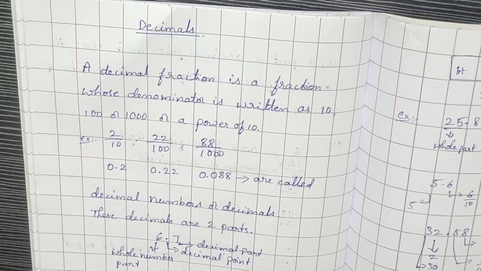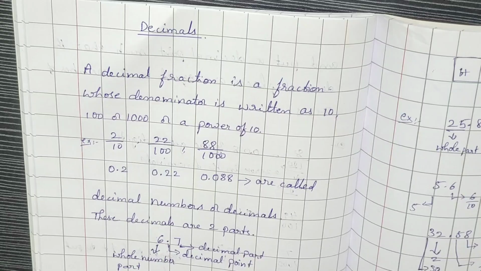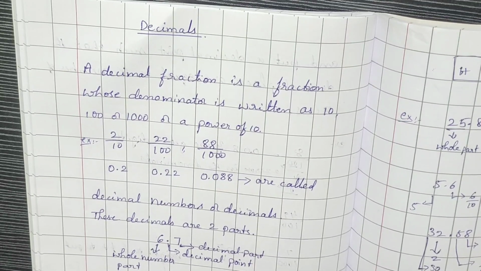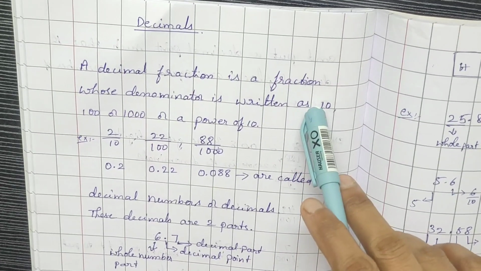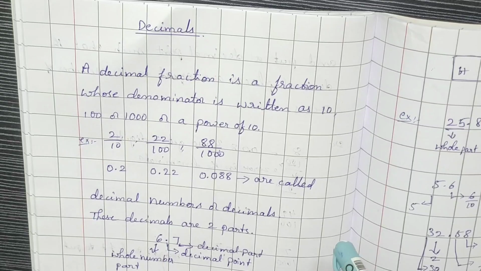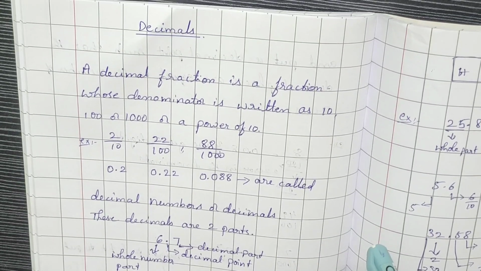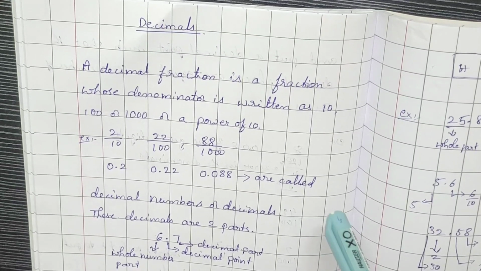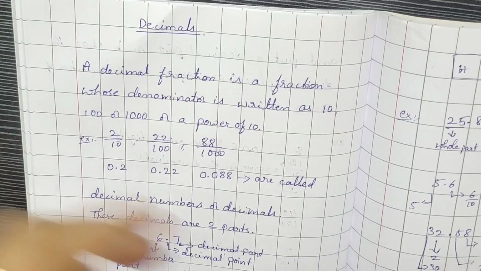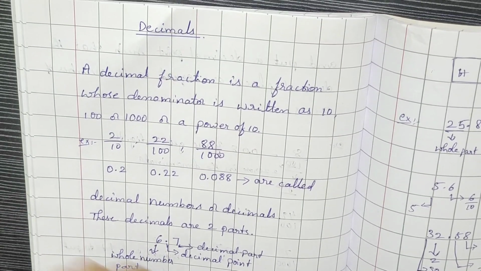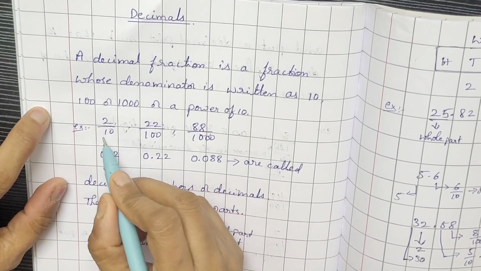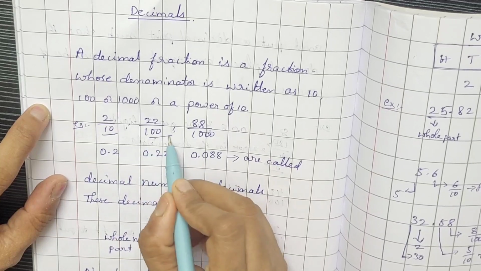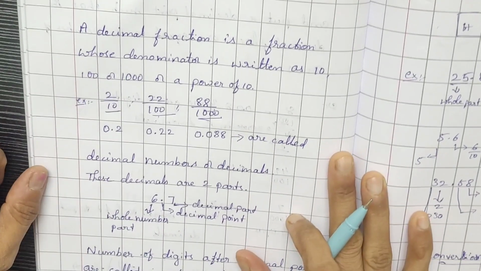Okay. So first we will see what is a decimal fraction. A decimal fraction is a fraction whose denominator is written as 10, 100, 1000 or a power of 10. So these are all 10, 100, 1000.